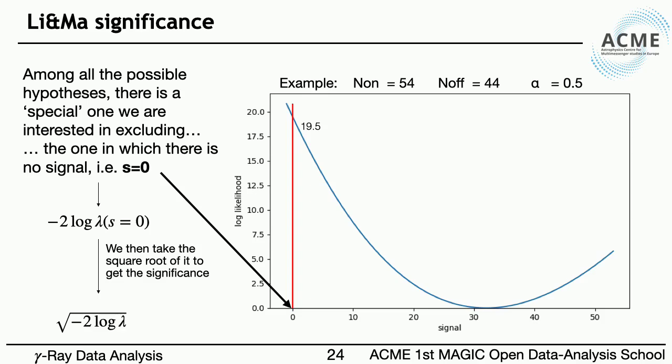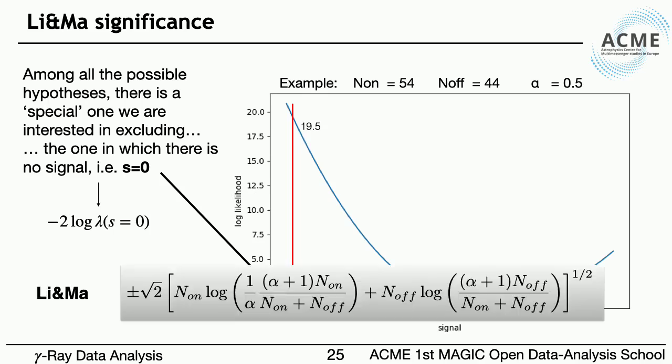Lastly, just for convention, to express the result in a more intuitive way, we can take the square root of it, as shown here in this expression, where the plus sign is chosen when you have a positive excess, and the minus sign is chosen instead when you have a negative excess.